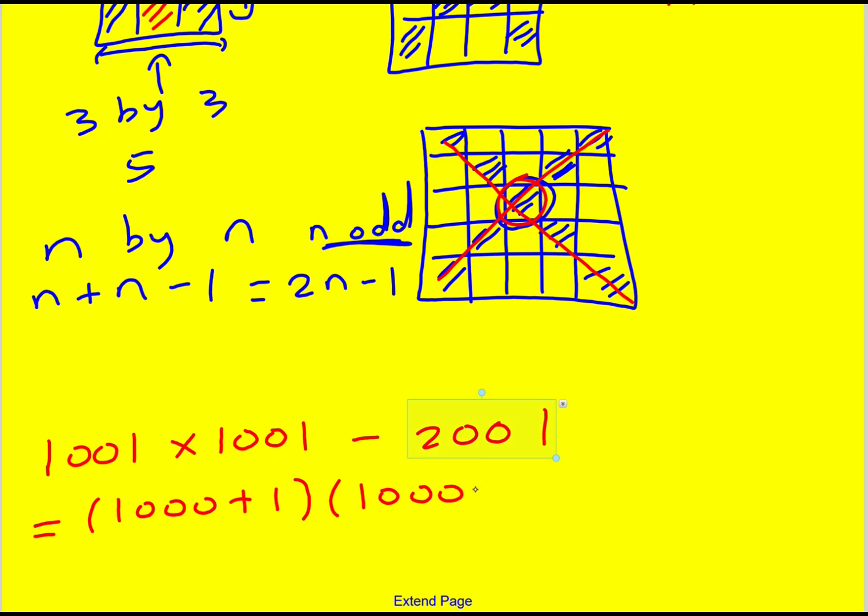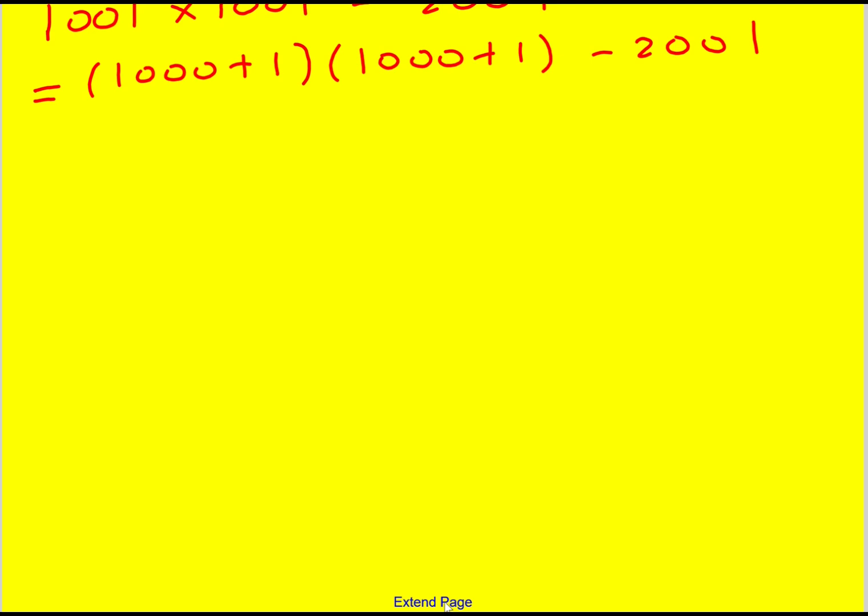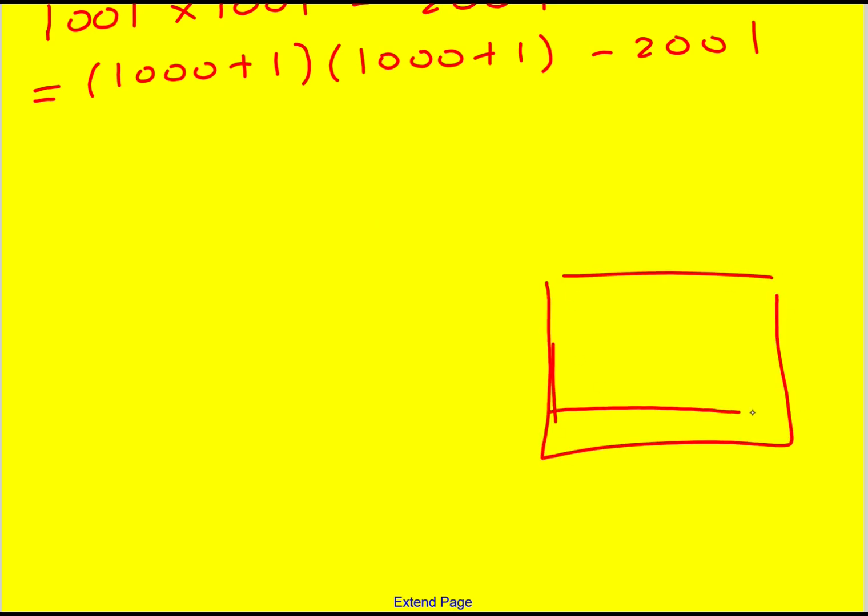You can do a multiplication if you prefer. This is going to be a bit quicker, but it depends if you've dealt with double brackets before. Let me imagine you haven't: I'm turning this 1001 into 1000 here and 1000 here, and then 1 here and 1 here.